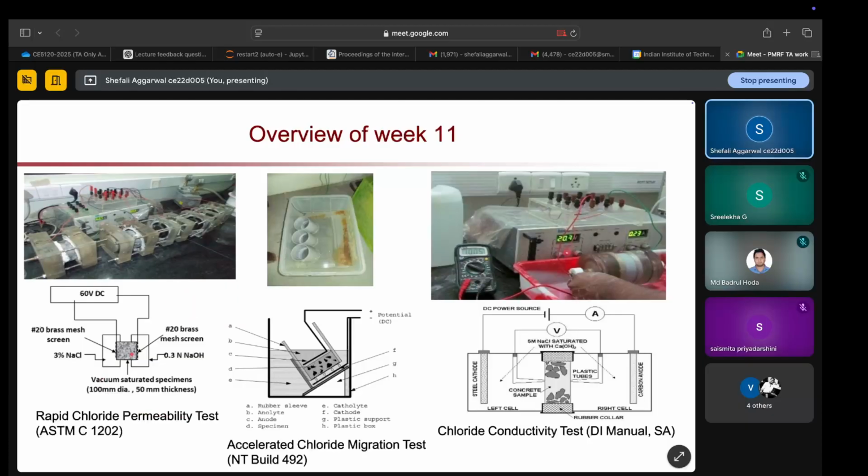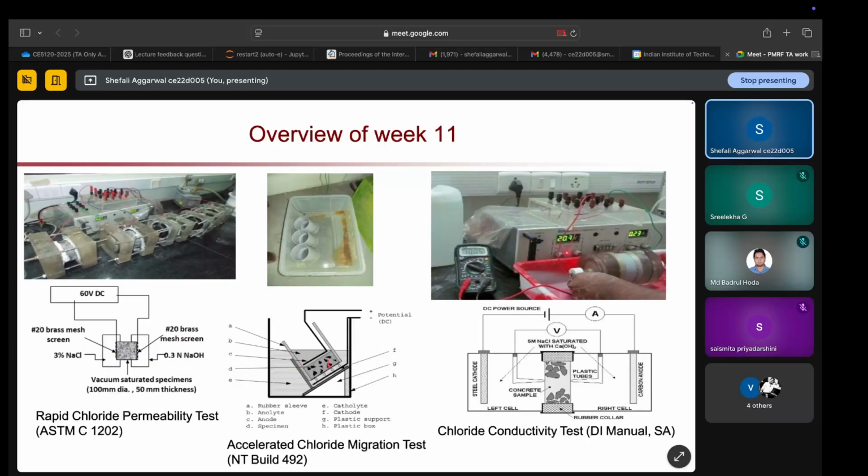Similarly we have the RCMT test, the accelerated chloride migration test. In this case we keep our concrete system tilted, and we force the chlorides to enter from the bottom instead of from one end to another end. Same way we get a similar value.